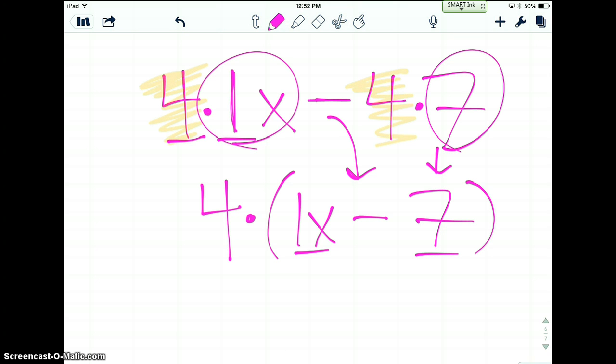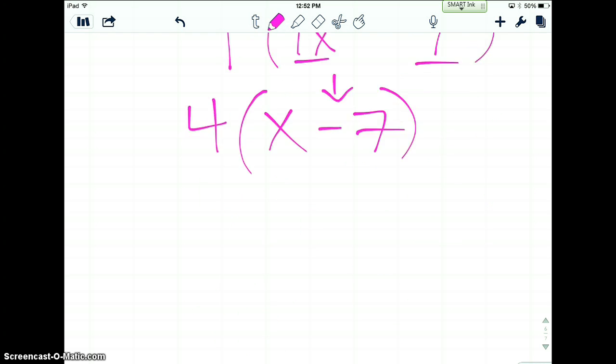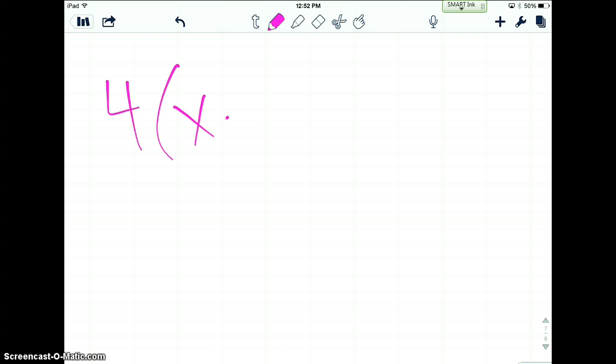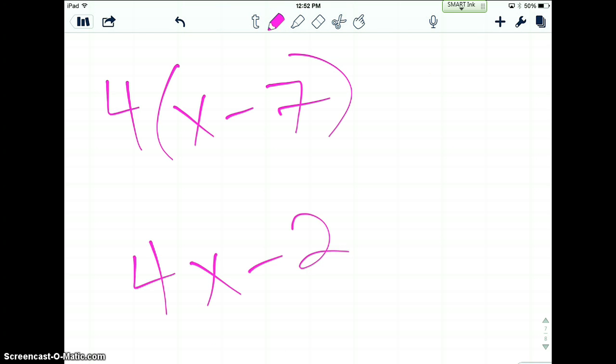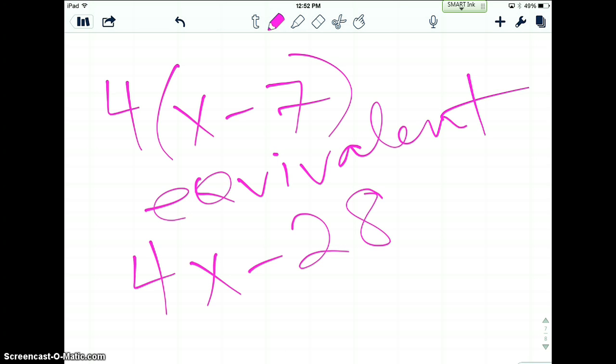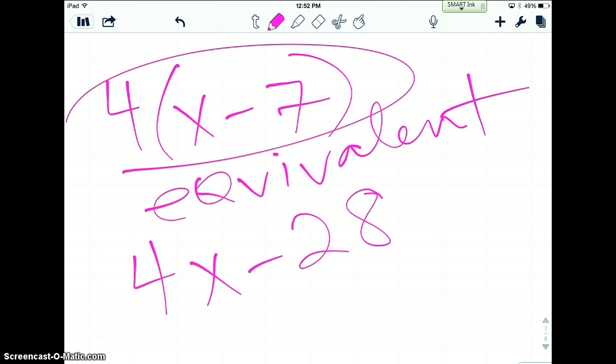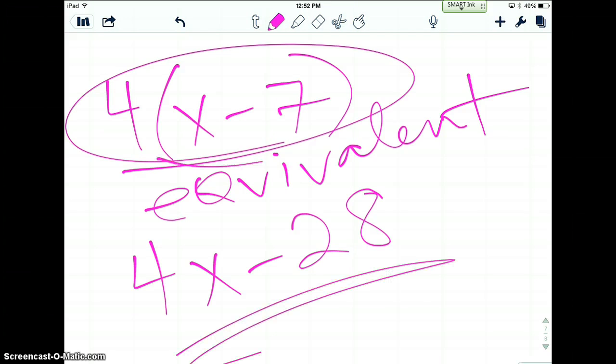We found 4 of 1x and we found 4 of 7. So here is my factored form, 4 times 1x minus 7. So 4 times the quantity of x minus 7 is equivalent to 4x minus 28. These are equivalent to each other. One of them's in factored form, and one of them is just expanded form.